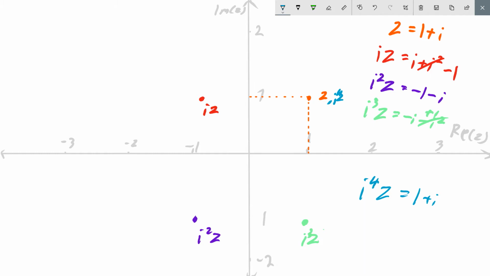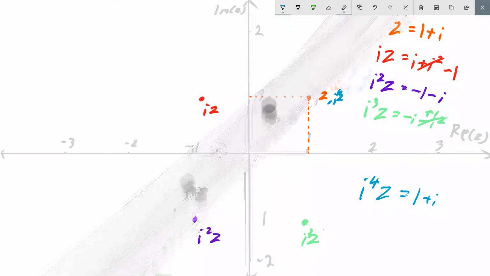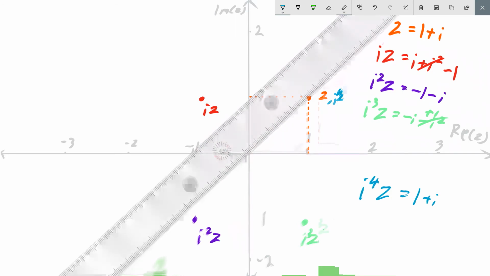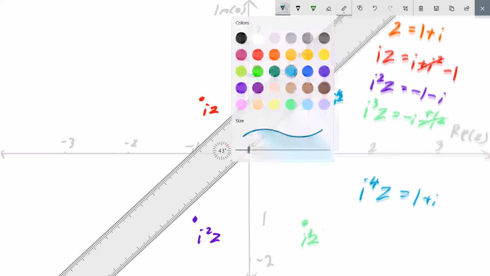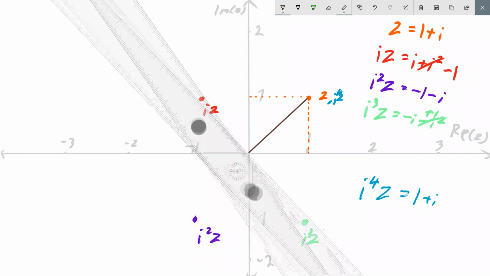So what have we done? Let's actually draw a line from each of these points, just so we can visualize what's exactly happened.